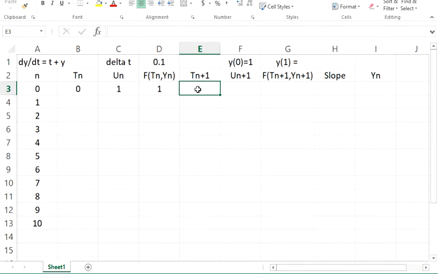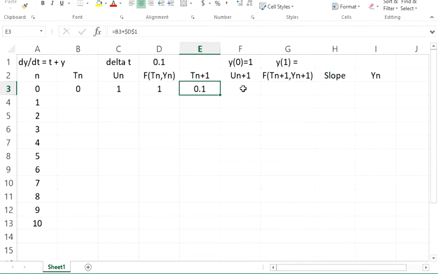Tn plus 1 is equal to Tn plus delta t. Here we have to fix this delta t by using a dollar symbol in between the letter and number. That fixes a reference. So that's my new t value. The reason I'm doing that now is because we're going to use this again for another slope.